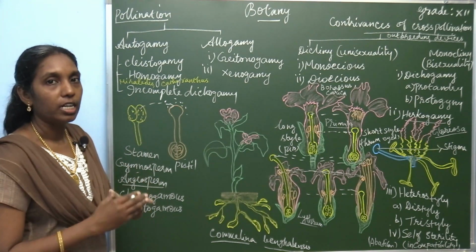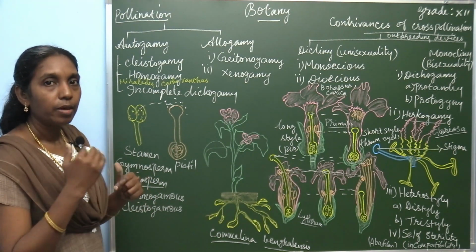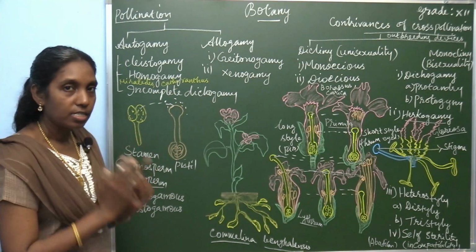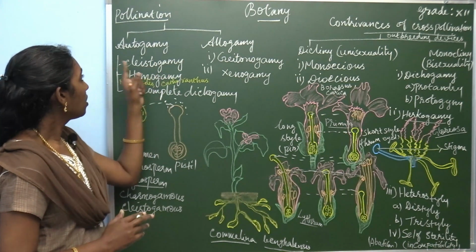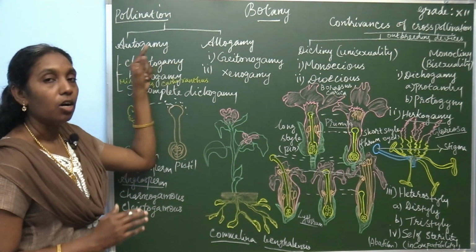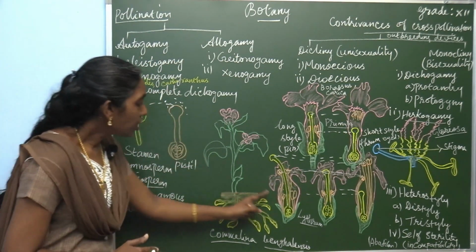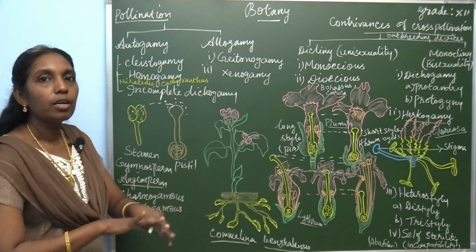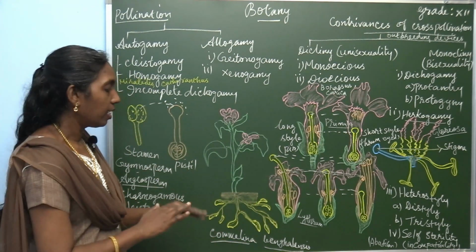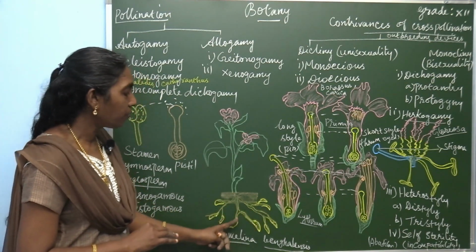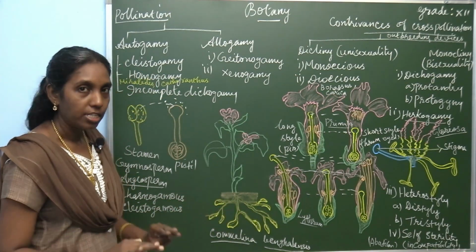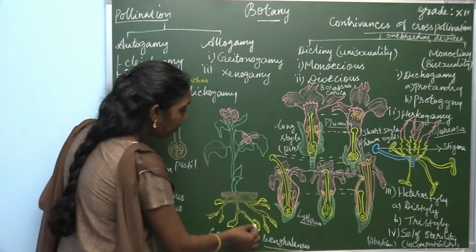The androecium and gynoecium are present in the same flower of the same plant, so self-pollination or autogamy. These cleistogamous flowers are present below the soil, that is underground, on subterranean branches of this underground rhizome which produces the flower.